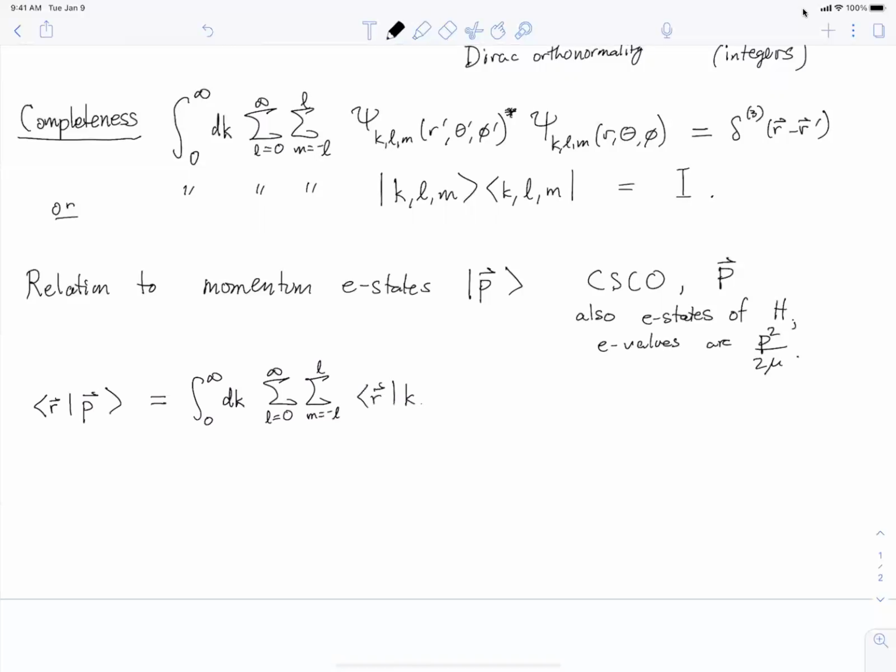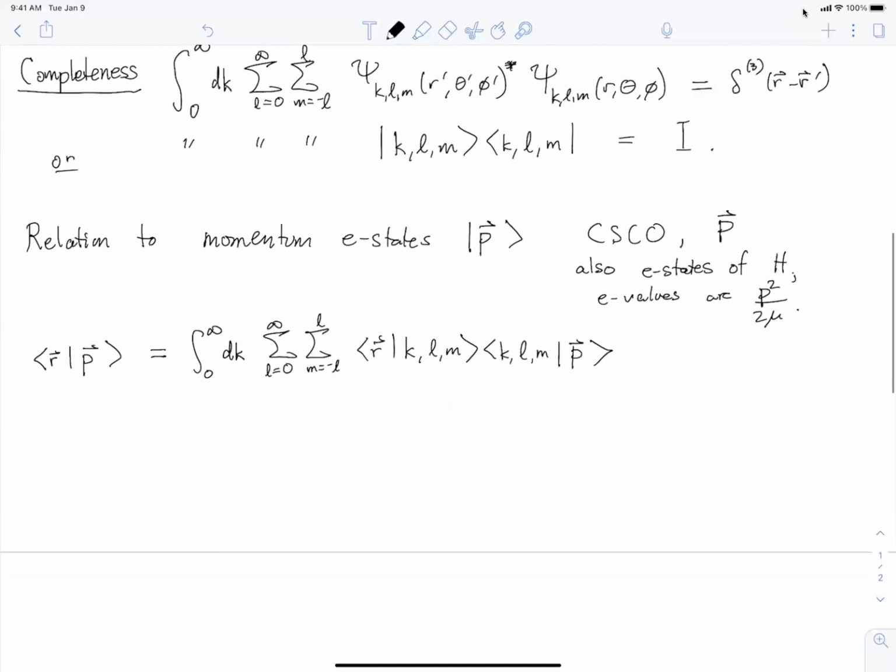I'm just inserting the complete set of states in between the R bra and the P ket. Okay, so let's think about what this thing equals. First of all, on the left-hand side, we worked out a long time ago what that inner product is. It's the wave function for a momentum eigenstate, which is e to the i p dot r over h bar divided by 2 pi h bar to the 3/2 power.